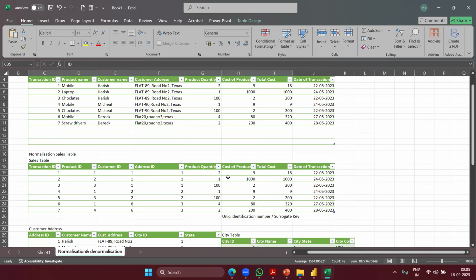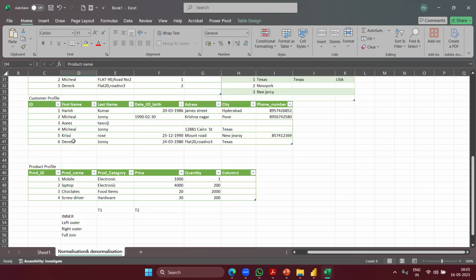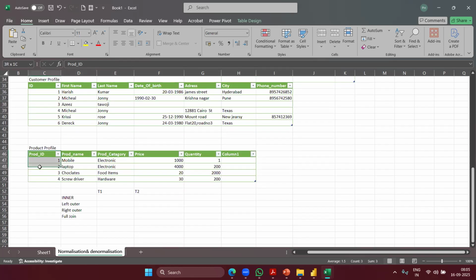Similarly, products. You are going to sell some products, so obviously we need to keep detailed information about that product. So create another table with the detailed information about that product and give a unique reference number for that product.